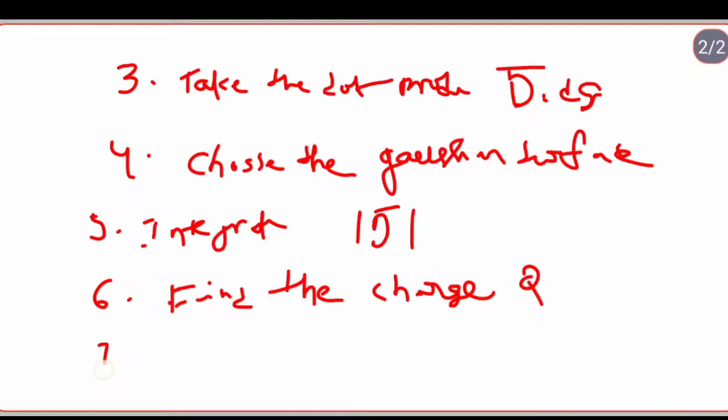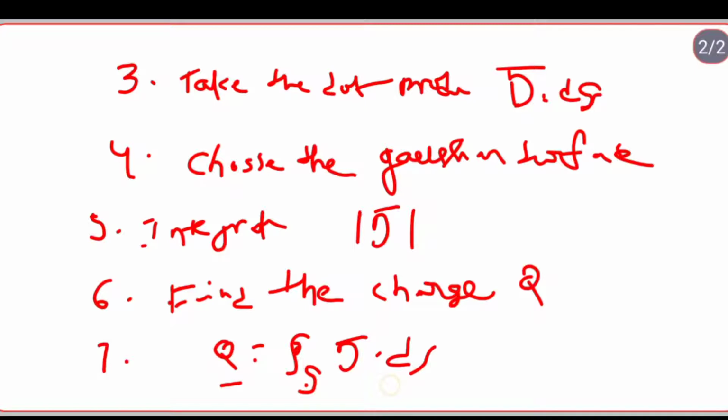After finding the charge, the seventh step is to equate the charge Q to the integration obtained, with D bar as unknown. The charge Q equals the surface integral of D dot dS. After that we determine D bar.